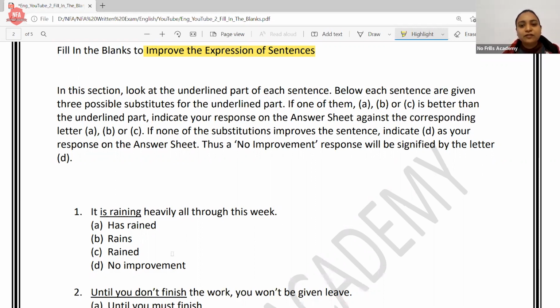If one of them, A, B or C, is better than the underlined part, indicate your response in the answer sheet against the corresponding letter A, B or C. If none of the substitutions improves the sentence, indicate D, as D is generally no improvement. Thus, a no improvement response will be signified by the letter D. So let us start.